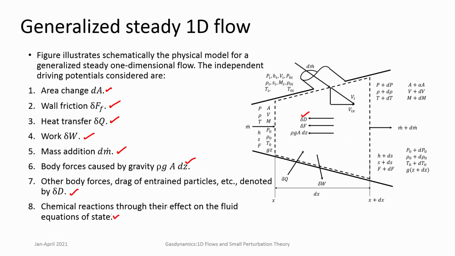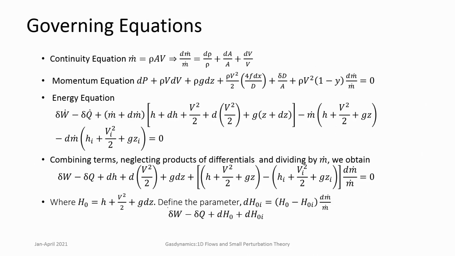For the case that we are discussing here, we will still consider calorically perfect gas. If chemical reactions are happening, that assumption is not completely right, but for the sake of analysis in this class, we will just consider the calorically perfect gas.